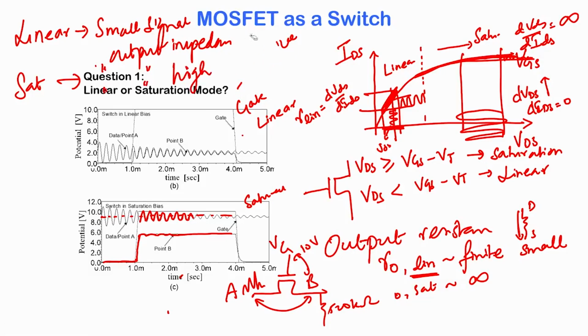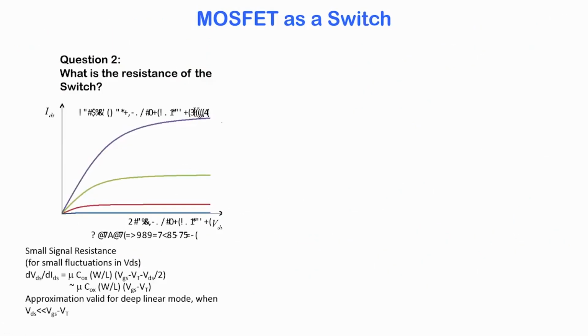And therefore, we want the MOSFET biased in linear mode operation for use as a switch. So, we have decided it is linear mode operation.